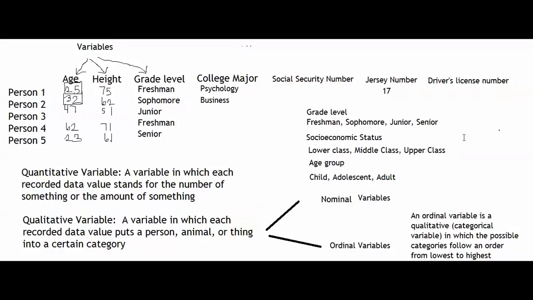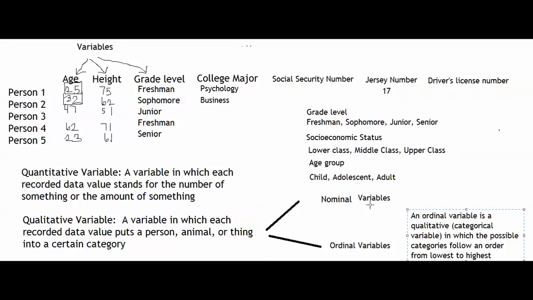So what is the opposite? Actually, we won't do any more examples of ordinal variables. A nominal variable is a qualitative variable in which the categories don't follow an order from lowest to highest.